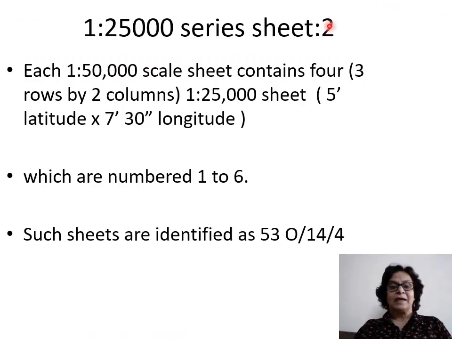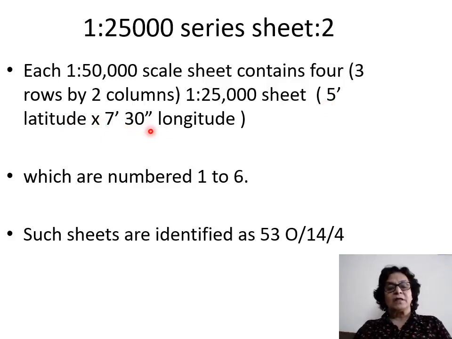Now in the second type, along the latitude there are only 3 subdivisions, so each of them is 5 minutes, but along the longitudes it is 7 minutes and 30 seconds.